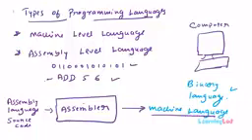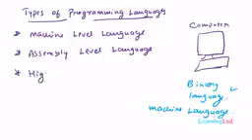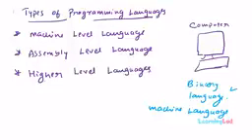So again, to solve these kinds of problems, new types of languages were invented so that a lot more people can come and write programs. And that type of programming languages are called the higher level languages. The higher level languages are designed in such a way that they are very easy for a beginner to learn, and they are very close to the human readable language.